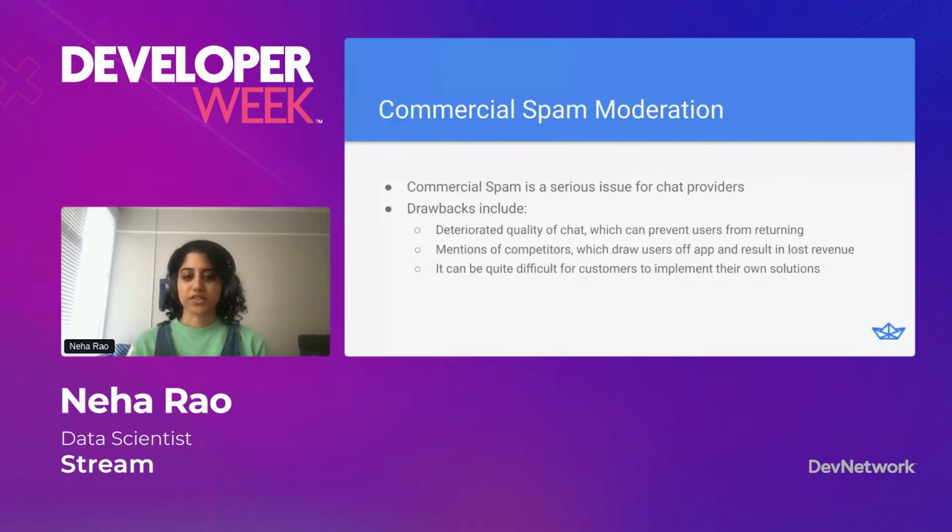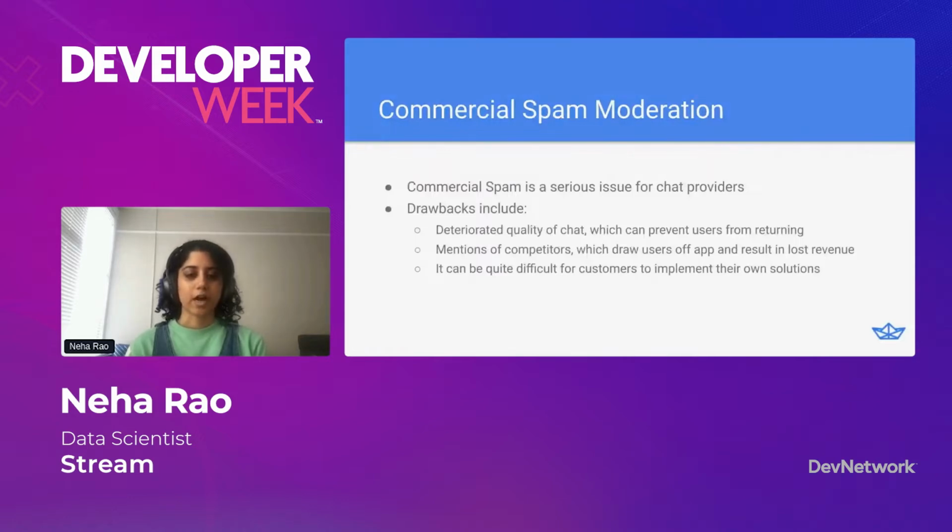You also see mentions of competitors, which can draw users off our customers' apps and result in lost revenue. Also, it can be very difficult to implement your own in-house solution.